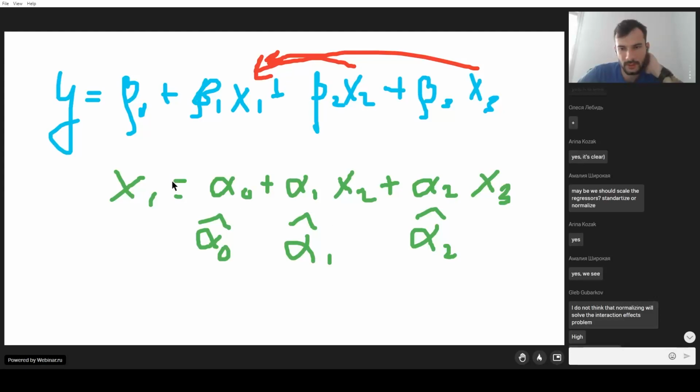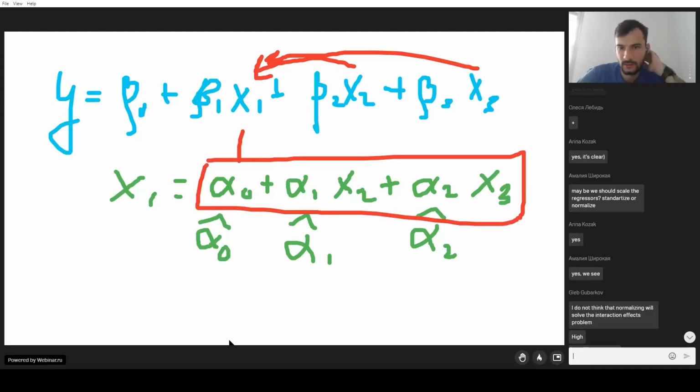If x1 is well described by x2 and x3, then we can substitute x1 by all this stuff here, put it into our initial model, and in our initial regression we just delete x1 from the analysis.